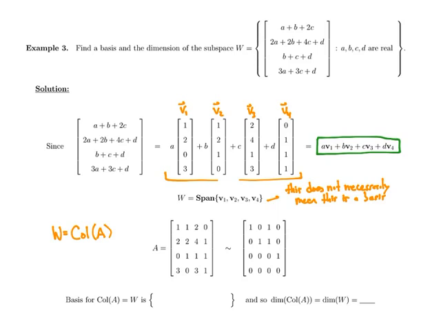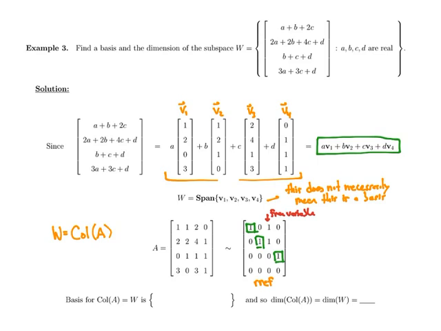That's just another way of writing what W is. It's a linear combination of those columns. And if we row reduce, this is now going to be in row reduced echelon form. We can look at the pivots of that matrix. In this case, we have 3 pivots and 1 free variable.